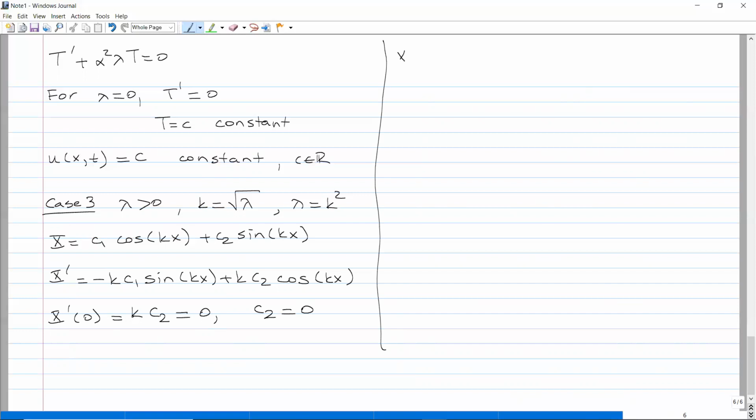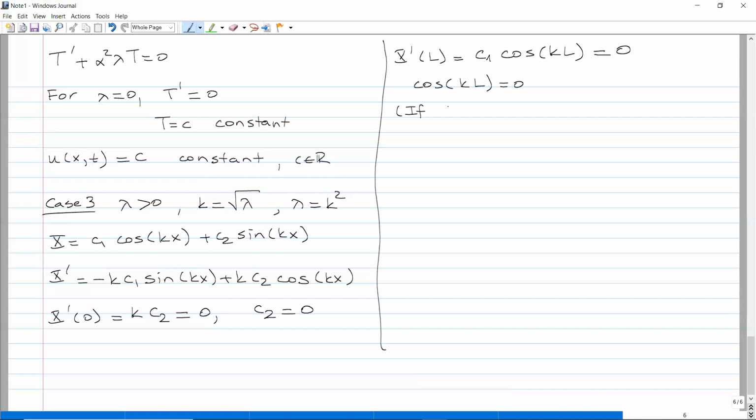Okay, so other condition, x prime L. Since we already obtained C2 equals 0, so I'm just going to take C1 cosine of KL equal to 0. Since C2 is already 0, to obtain a non-trivial solution, C1 should be non-zero. So we need cosine of KL to be 0.